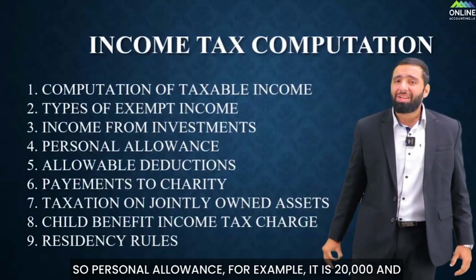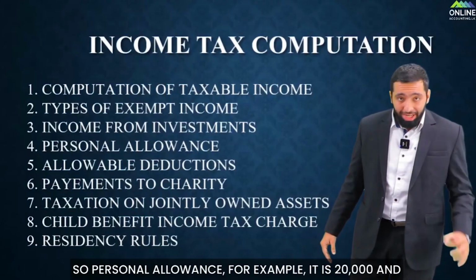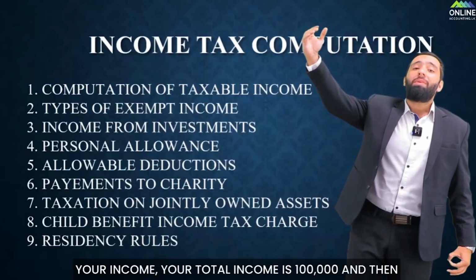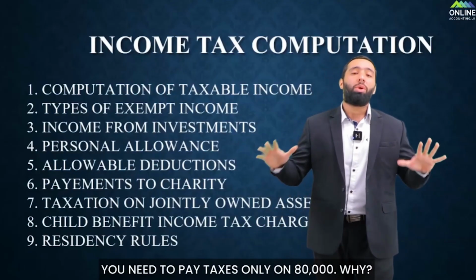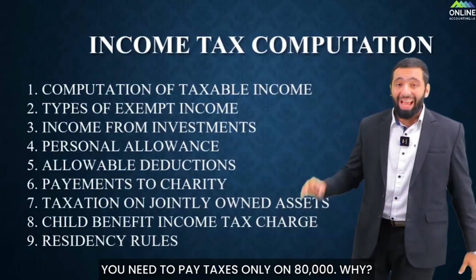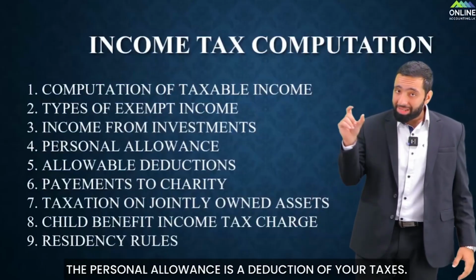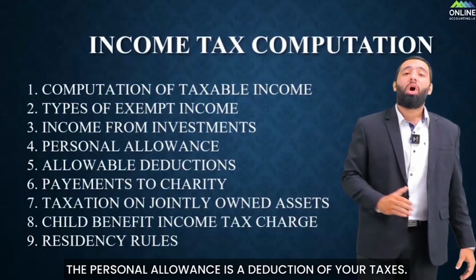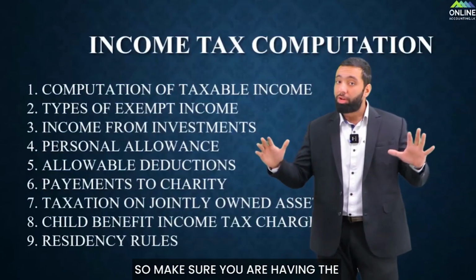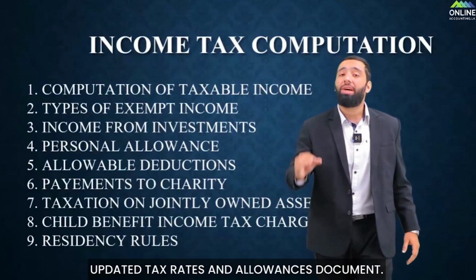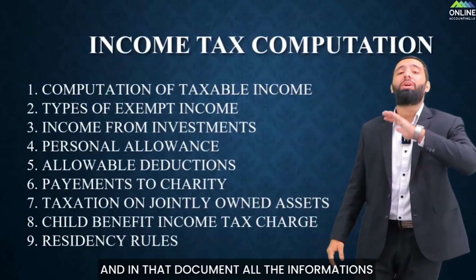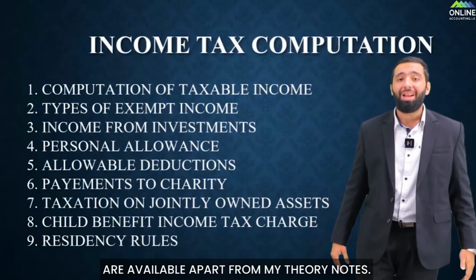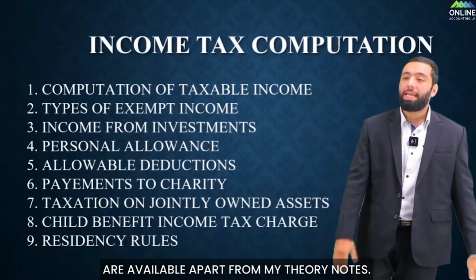So if the personal allowance is, for example, 20,000 and your total income is 100,000, then you need to pay taxes only on 80,000. Why? The personal allowance is a deduction from your taxes. So make sure you have the updated tax rates and allowances document, and in that document all the information is available apart from my theory notes.